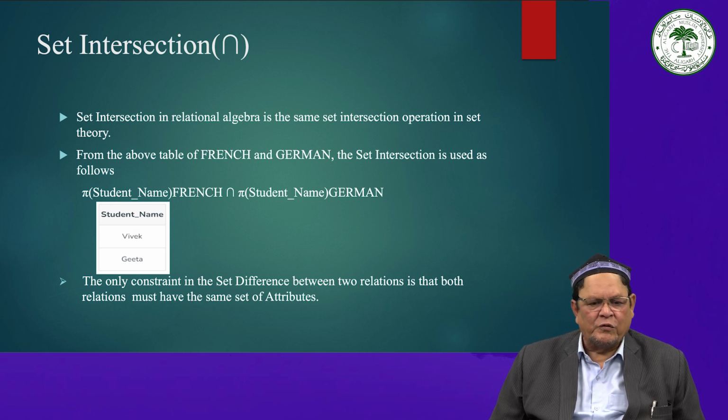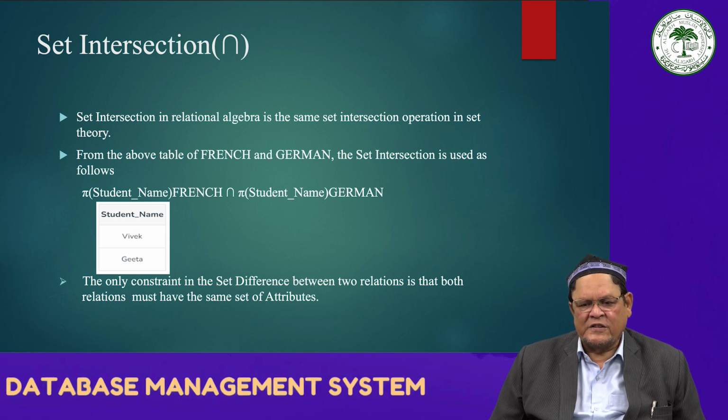It helps the user find intersections between different subsets of data, facilitating data analysis, comparison, and decision-making processes within relational algebra. Set intersection in relational algebra is the same as the intersection operation in set theory.